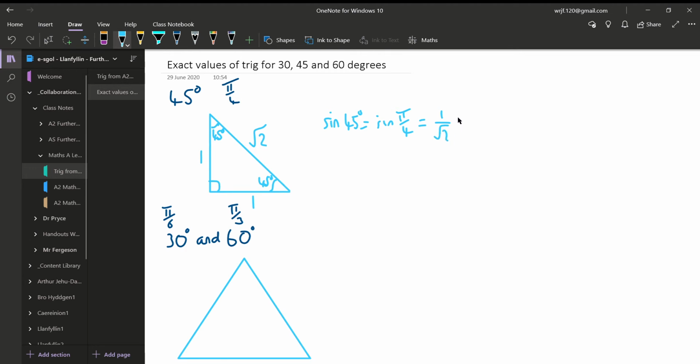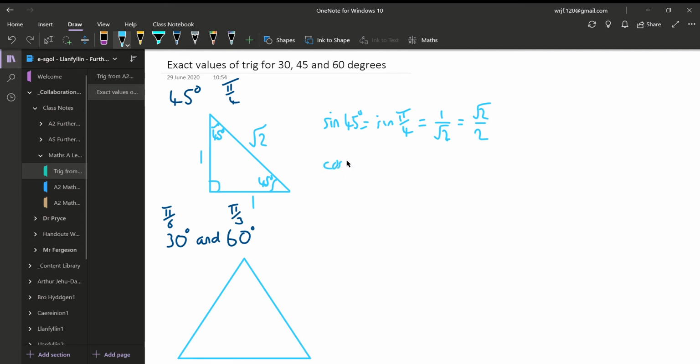Sometimes people just leave it like 1 over root 2 and that's absolutely fine depending on the situation, but you might want to rationalise the denominator, and that obviously would end up as root 2 over 2. So there we've got an exact value for that.